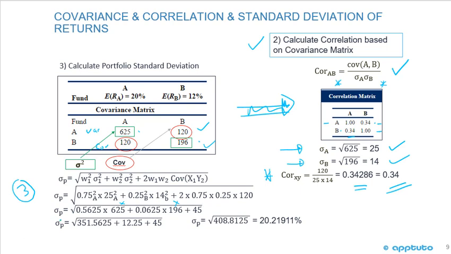So we put our numbers in, 0.75 squared, weight 1, times 625, that's the variance of A, plus weight 2 squared times the variance of B, plus 2 times weight 1, weight 2 times the covariance. And if you just work your way through the math, you're going to get a standard deviation of the portfolio of 20.21%. So a nice way to finish this LOS.